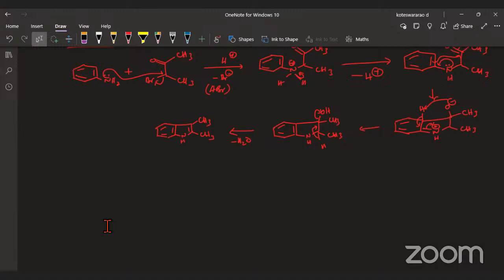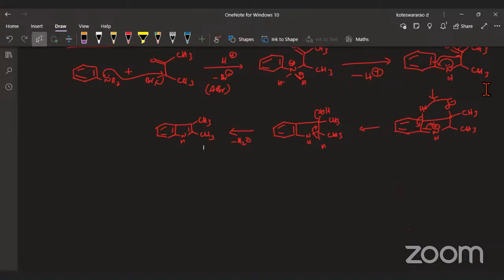That is enough for the heterocyclic compounds preparation for exams. We have other syntheses also. That is also important, but what is important and what is not, you need to decide based on the previous papers. Whatever questions appear in the previous examination papers from the heterocyclic syllabus, you need to mark those topics and prepare for the examination.